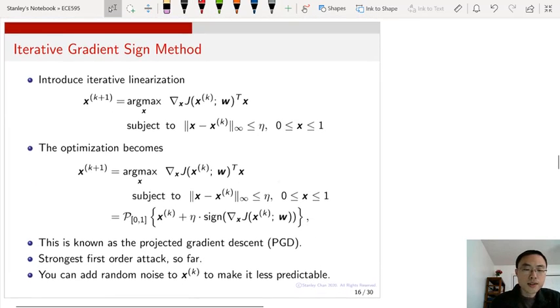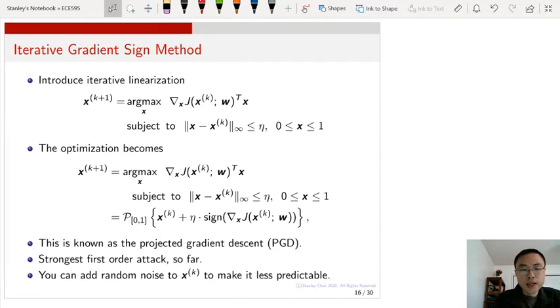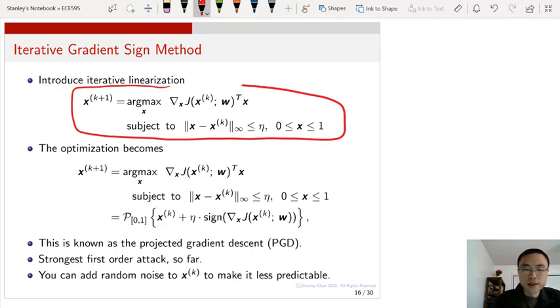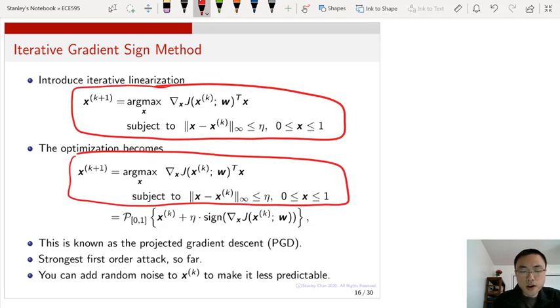So if you do that, then you can introduce an iterative linearization idea, which says that at the kth iteration, I'm going to solve this objective function and this constraint, and then I will have to keep doing this over and over by finding a better and better xk. And so the optimization problem will become this, and you can pretty much solve this optimization problem using the standard one-step FGSM.